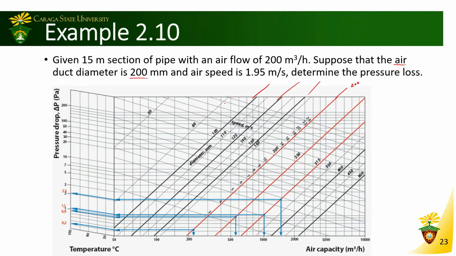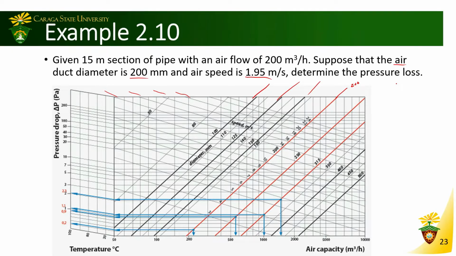The other lines right here would represent different speeds or velocities of the air inside the duct. So if we are to look at the given airspeed of 1.95 meters per second, which line are we going to look at?